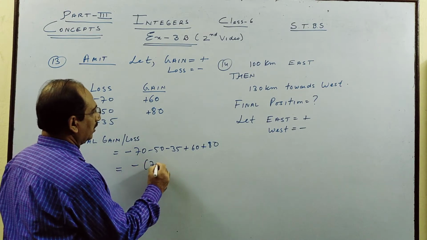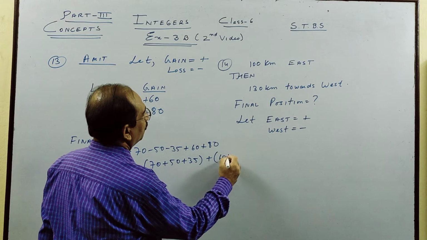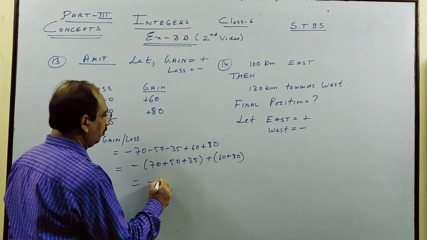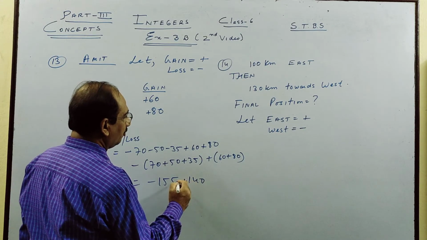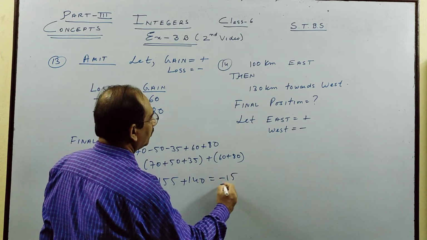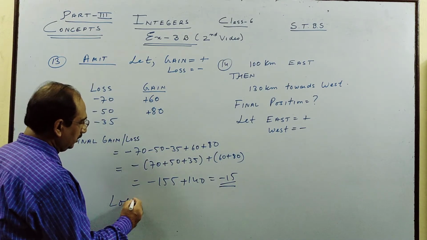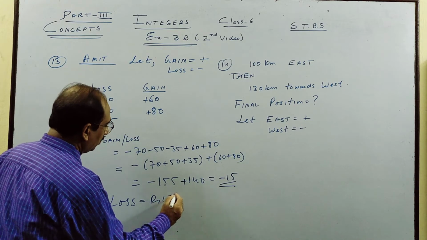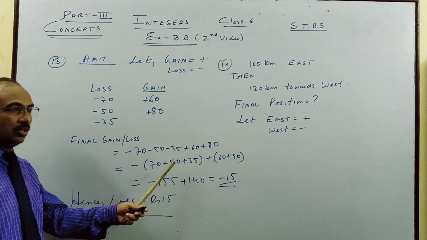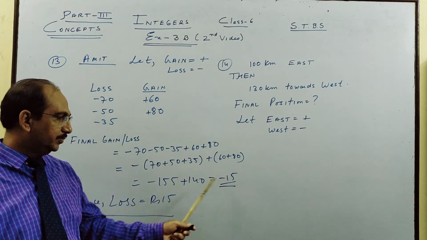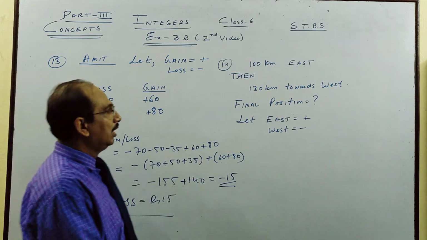You add all the minus, and you add all the plus also. So what do we get? If we add minus 155 and plus 140, we get minus 15. Minus means loss. So hence a loss of rupees 15. Once more, all the losses you add, all the gains you add. Then you add them. So finally you see minus. Minus means loss.